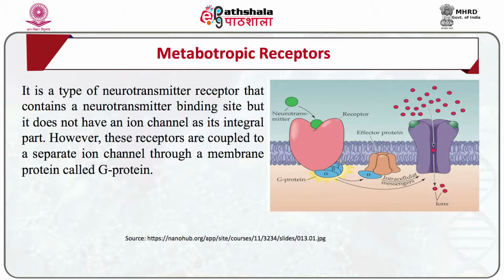Metabotropic receptors are the type of receptors that contain a neurotransmitter binding site, but do not have an ion channel as an integral part. However, these receptors are coupled to separate ion channels through a membrane protein called G protein.